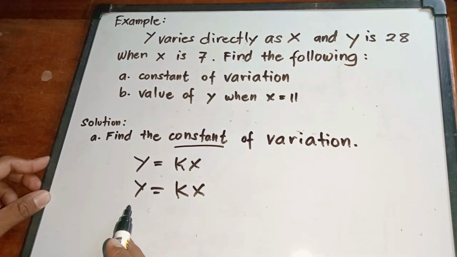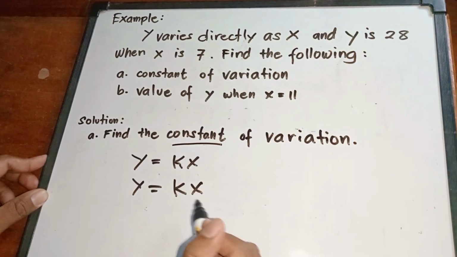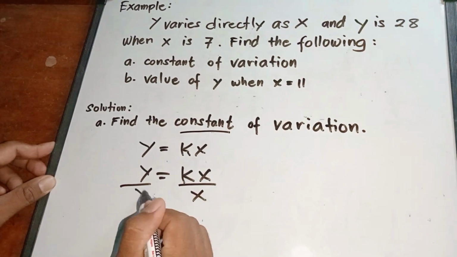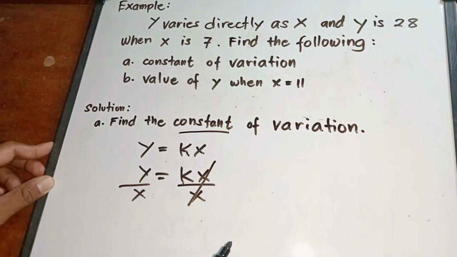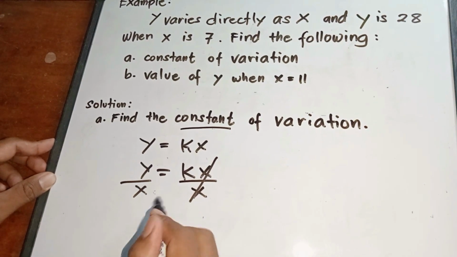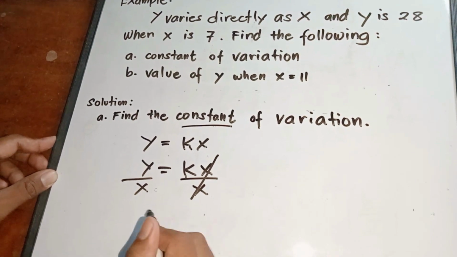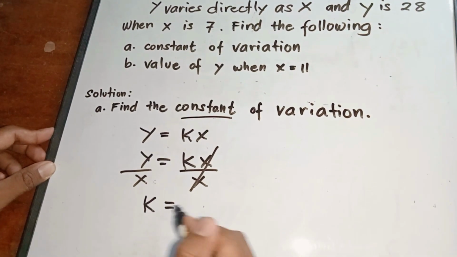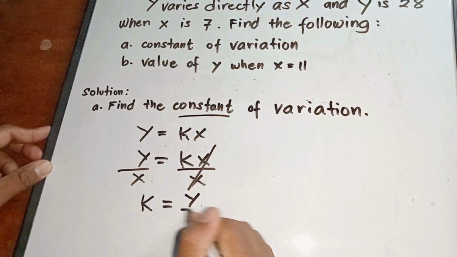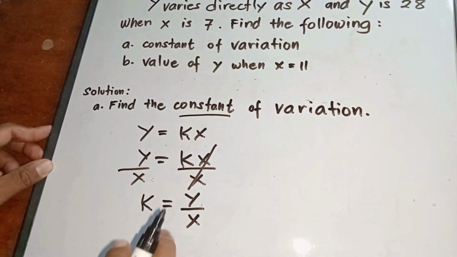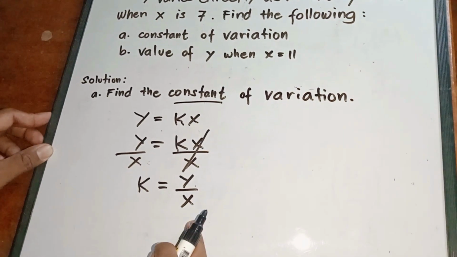So, paano gagawin natin? Para makancel si x, so i-divide natin both sides of the equation by x. So, makancel out yung x, so matitira ay k. Sa kabila, so we have y over x. So, we have k equals y over x. So, ito na yung ating formula na gagamitin.